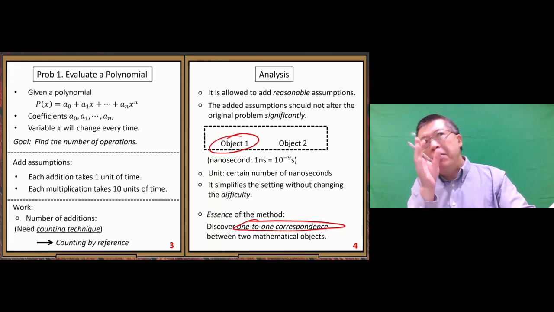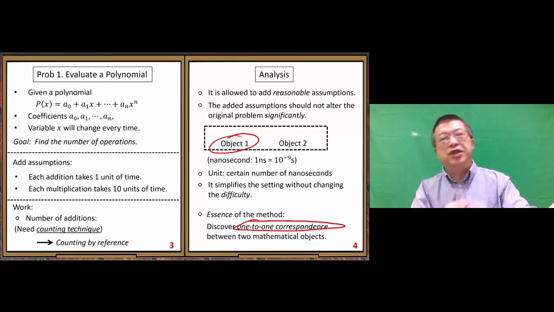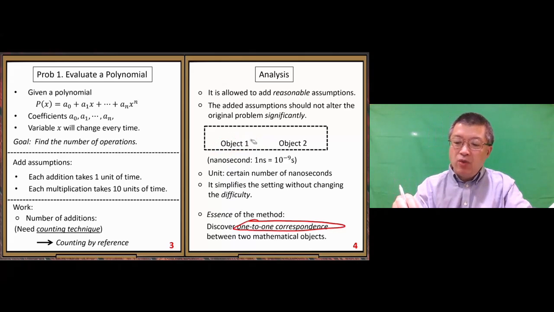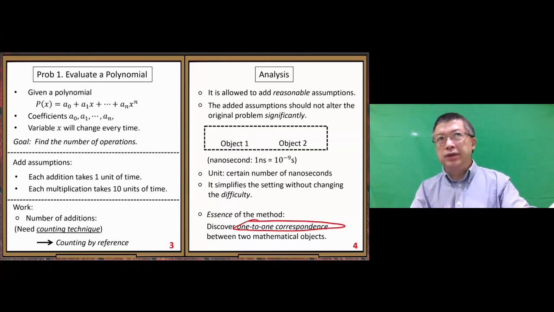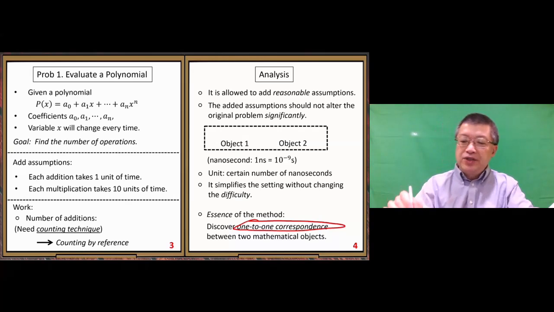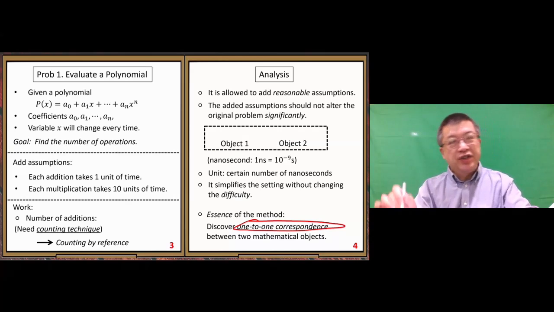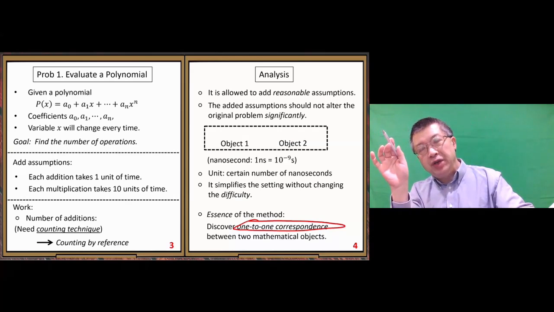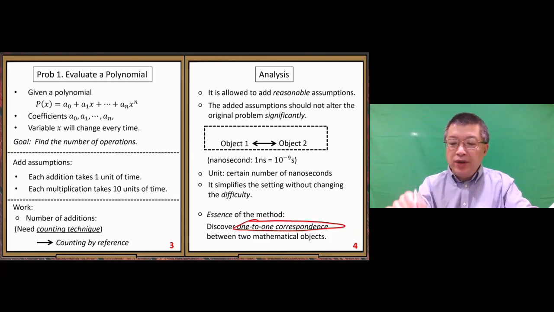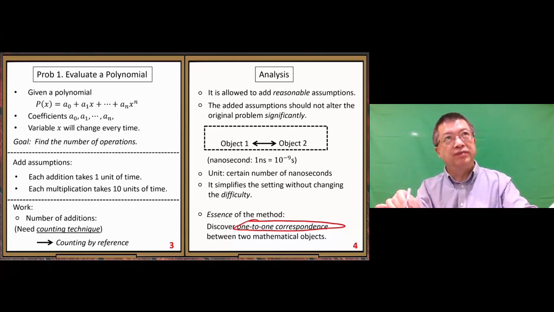Suppose some of you do not feel it's easy to count, but some of you may feel it's easy, so you do not need that. But here I talk about the general method. When you count object one, it's not quite easy to count directly. So you want to consider a different mathematical object, and there is a one-to-one relationship between them.